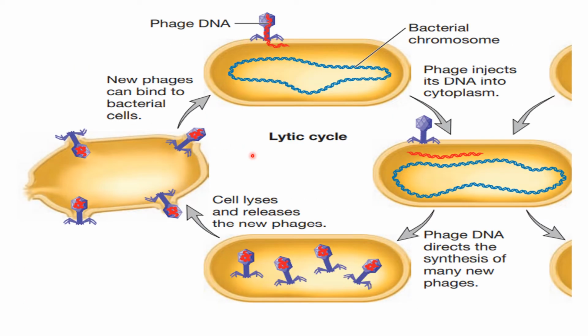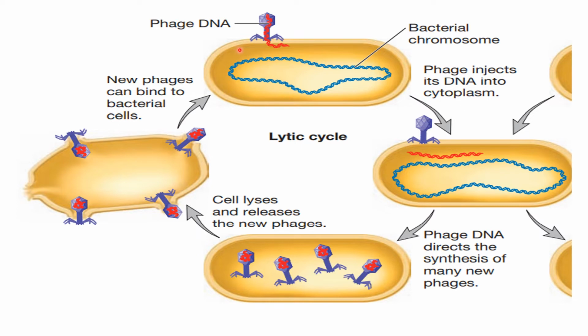Now, this is the diagrammatic representation of the lytic cycle carried out by bacteriophages. You might have studied it already in the second semester, but just to refresh your memory, I am showing this slide to you. What happens during the lytic cycle is the bacteriophage comes and binds on the surface of the bacterial cell.